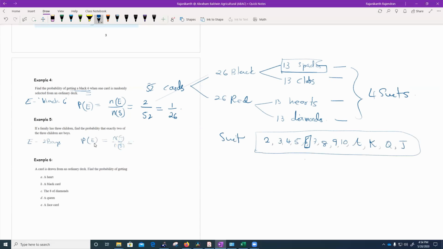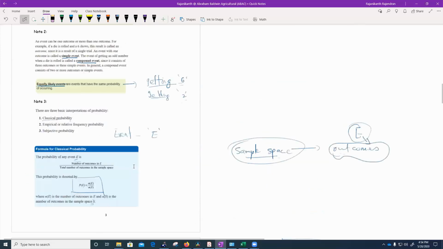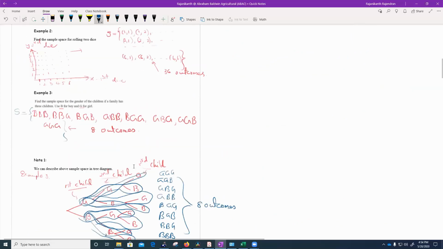So now ask yourself, in your sample space, how many possible outcomes do you have with 2 boys? In other words, with 2 Bs. If you go back and check your sample space, among those 8 outcomes, how many of them are with two boys, 2 Bs? This is one of them, 2 Bs out of 3. This is another one. This is the third one.